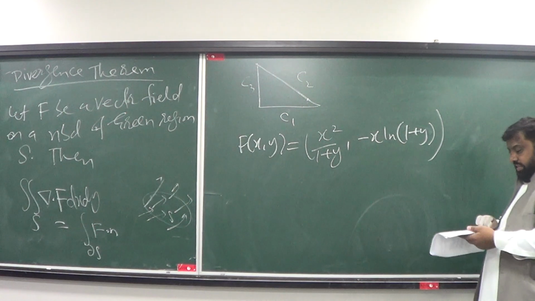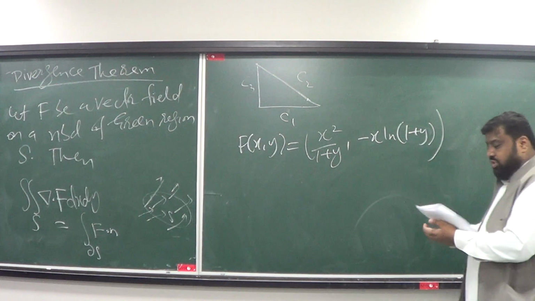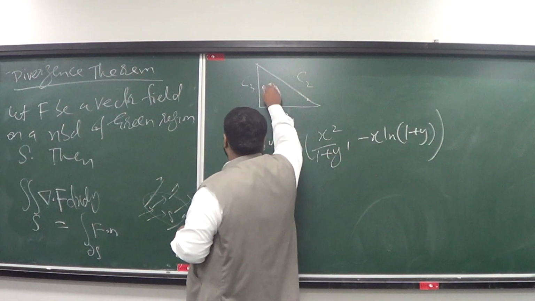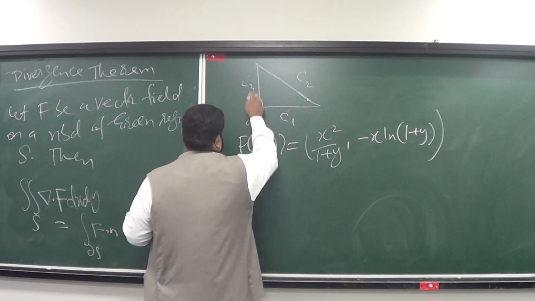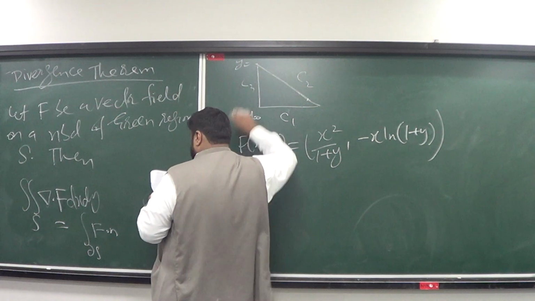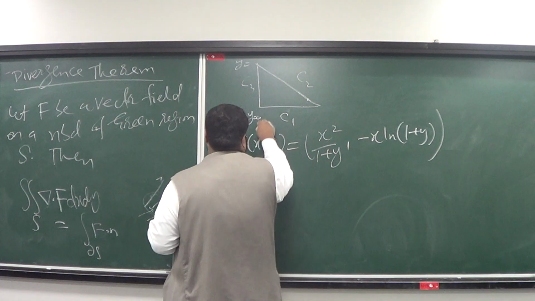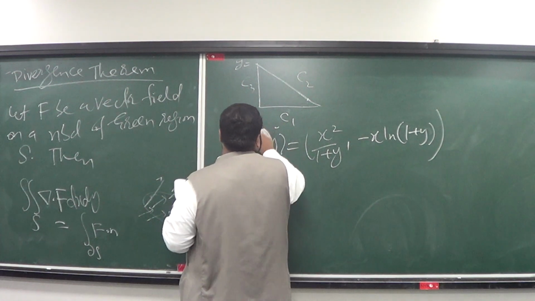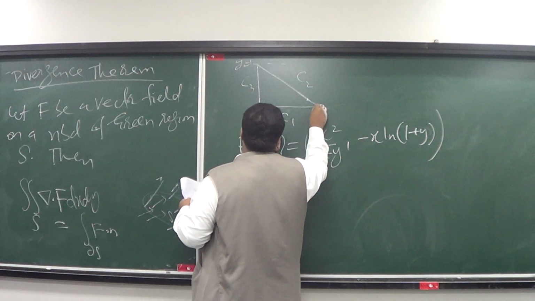Let's assume I have the line y equal to 0 and y equal to 1. Maybe here I have x equal to 0. So this line is y equal to 1 and this is y equal to 0.